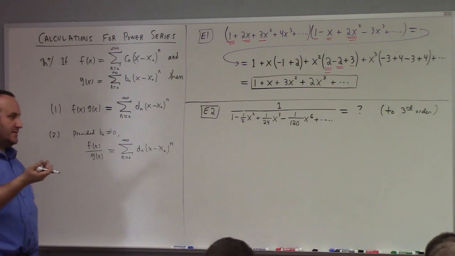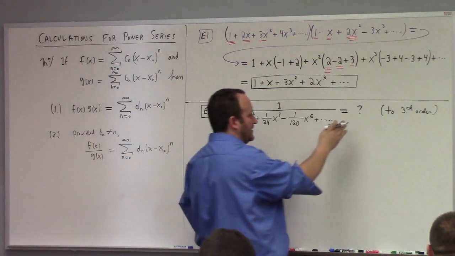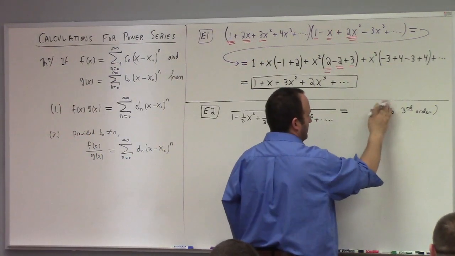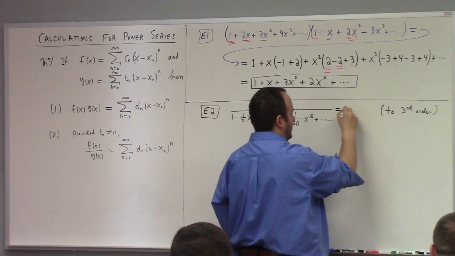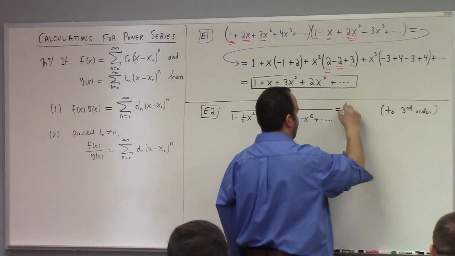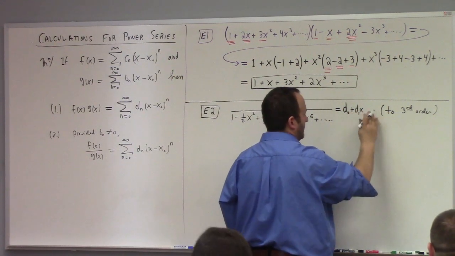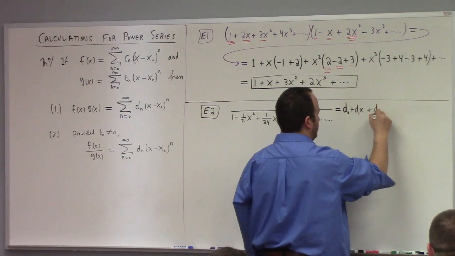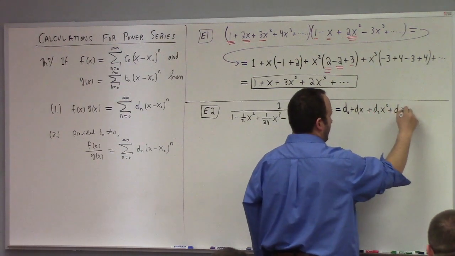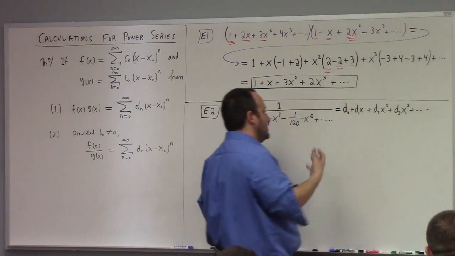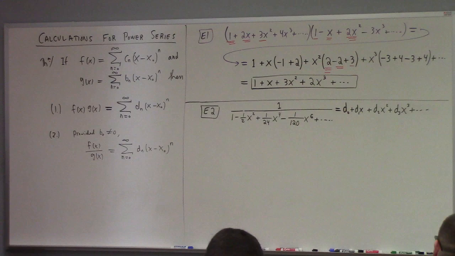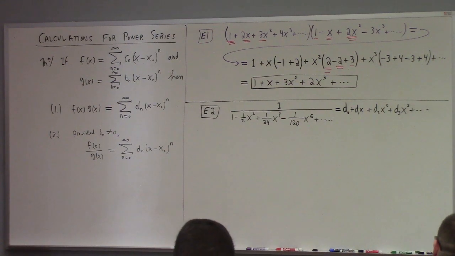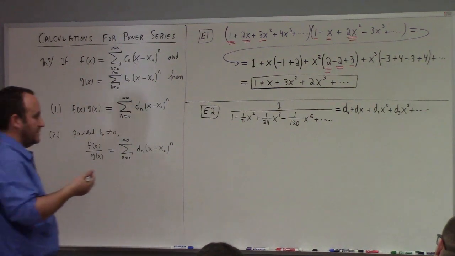So here's an idea. If you think about what we're looking for, we're looking for something like D0 plus D1x plus D2x squared plus D3x cubed plus dot, dot, dot. My goal is to figure out what D sub 0, D sub 1, D sub 2, and D sub 3 are, right? So one way you could attack this problem would be to think about solving what?